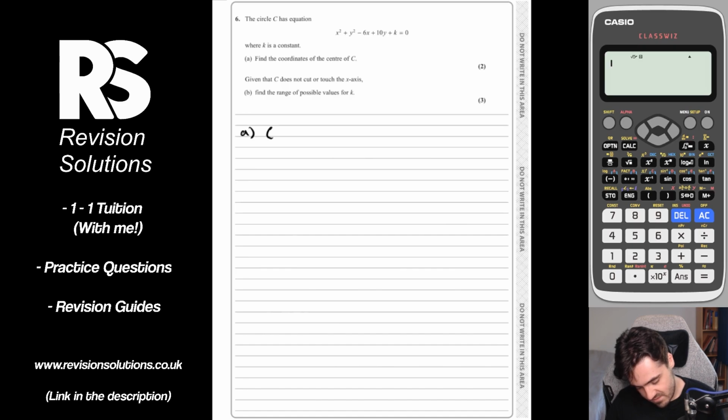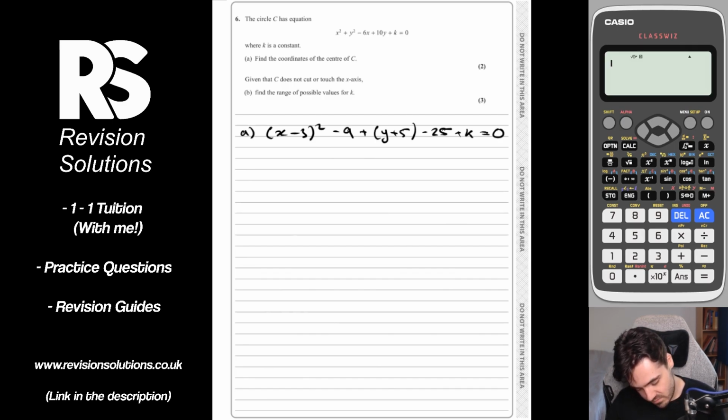Completing the square, then I'd have x minus 3 squared. That gives me the x squared and the minus 6x, but I would not want the plus 9, so we'll take away 9. Then repeating the process for the y's, we'll have y plus 5, and again it gives me the y squared and the 10y, but I don't want the 25, so we'll take away 25 and put the k back in. So that's the equation of our circle.